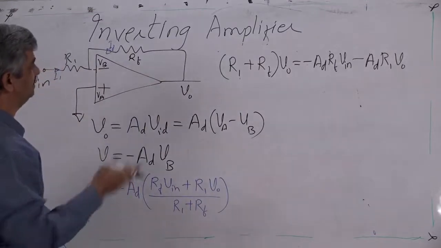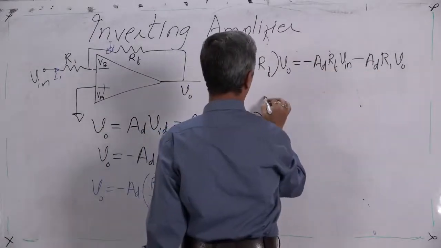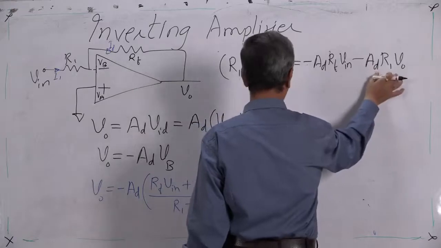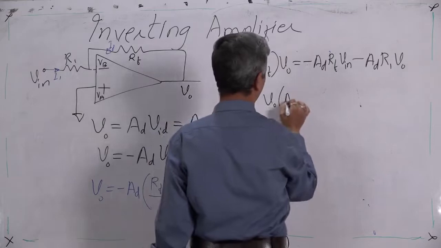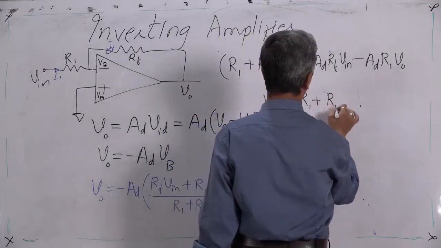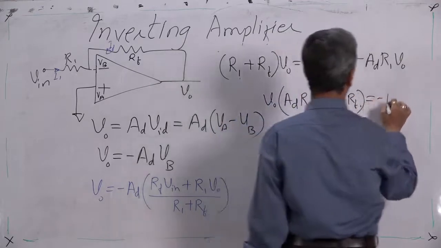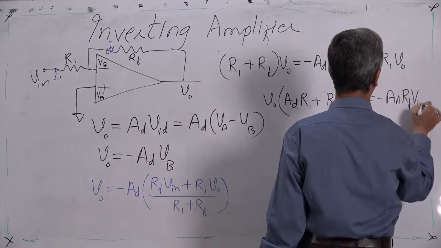So what happens? Now we take this VO on the left hand side. So VO into bracket, this AD R1 VO comes on this side, this R1 plus RF is as it is. So I write AD R1 plus R1 plus RF is equal to minus AD RF Vin.